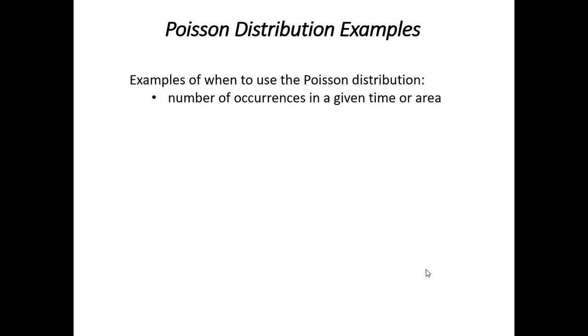Some examples of when to use a Poisson distribution: if you're trying to calculate the number of occurrences over a given time period or a given area. An example might be the distribution of hurricanes in Florida during a certain year.